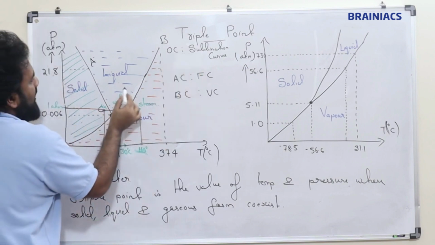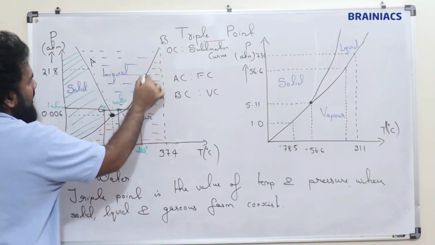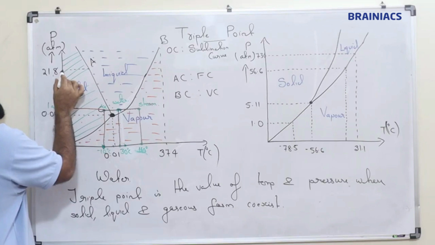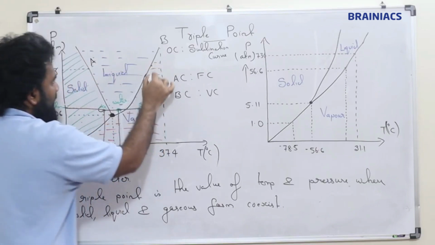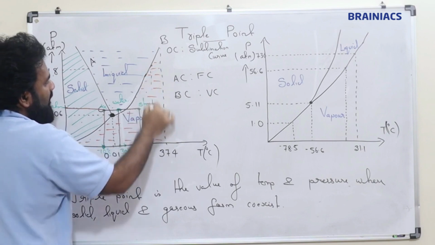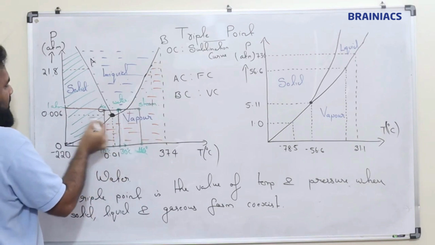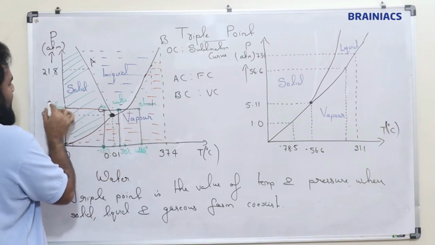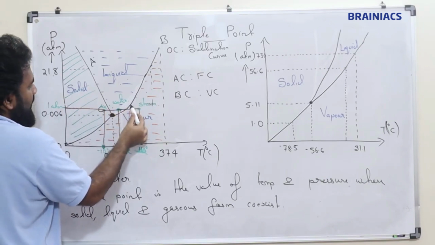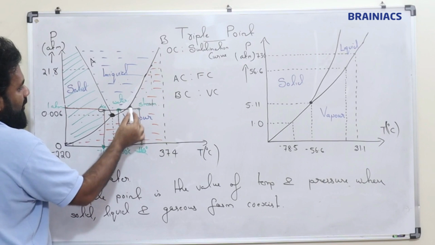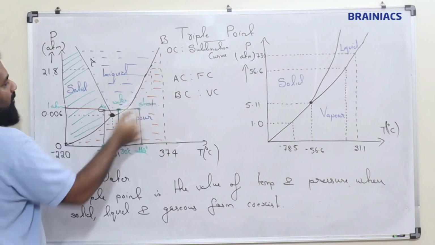Now you can see here liquid to vapor form. Suppose the pressure is 218 at a very high temperature, liquid will convert into vapor form. Same way, at somewhere around 2 atmosphere, even at a lower temperature, liquid can convert into vapor form.